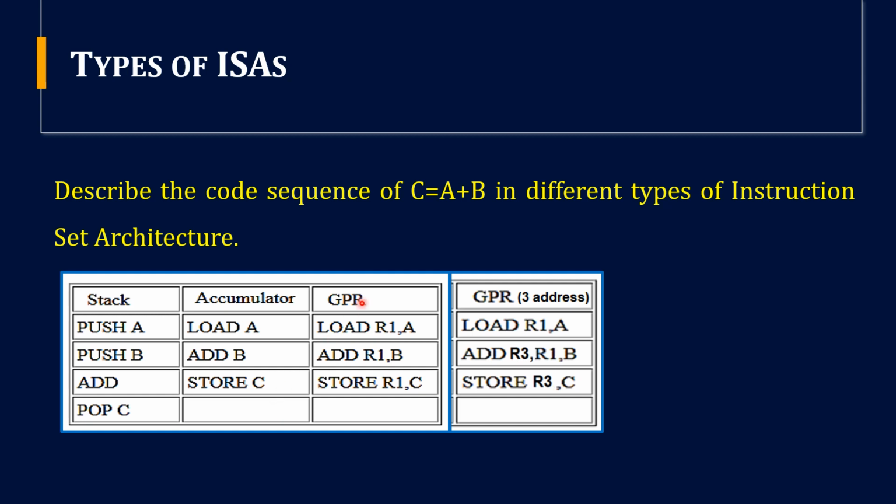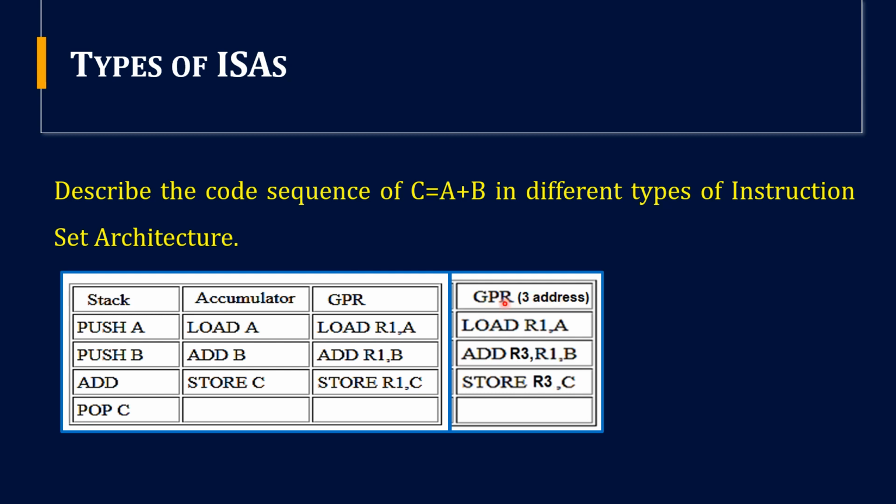Okay, moving to the GPR architecture. As we said, we'll be having two types of GPR, either using two addresses or three addresses. First, let us discuss the two address form. Here, the operand A is transferred onto one of the registers, R1. Then to the content of R1, B is added and the result is there in R1 itself. From R1, it is stored back to location C. Okay.